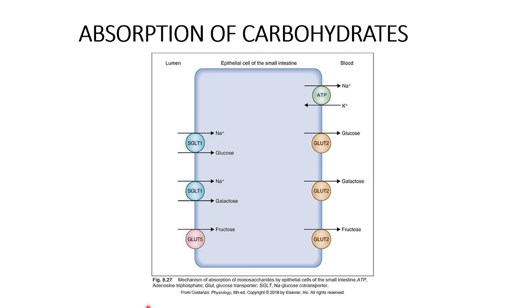Across the apical membrane, glucose and galactose are transported in the same way by means of secondary active co-transport. This is sodium dependent, so they use one and the same transporter, SGLT1. Glucose and galactose compete for the transporter because they use the same one.